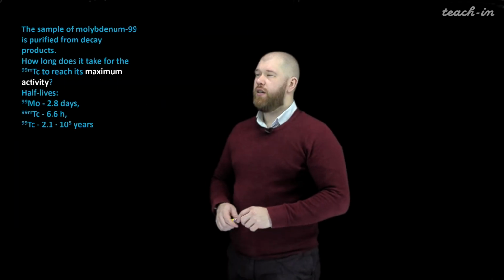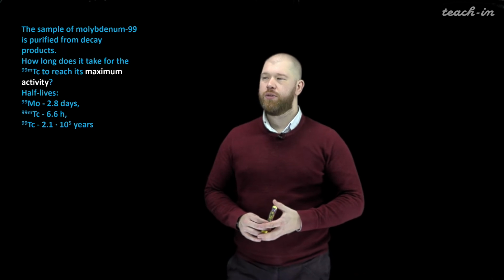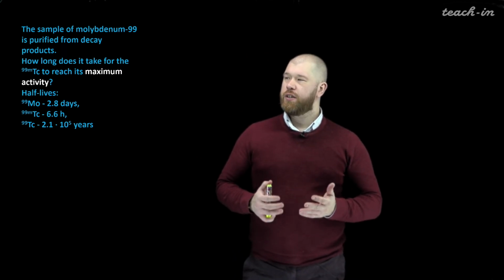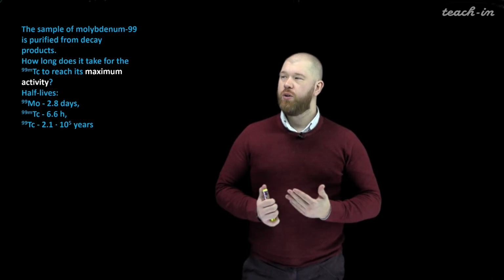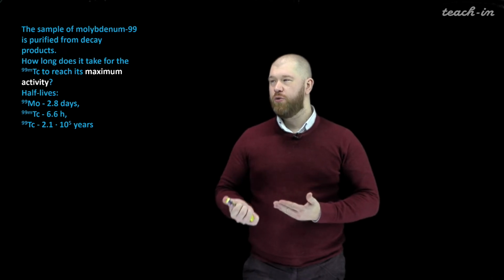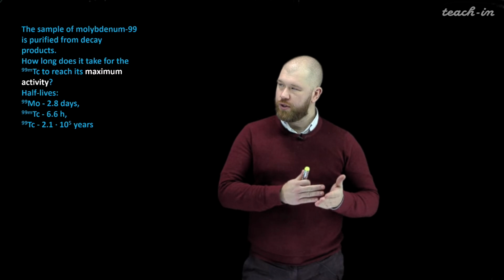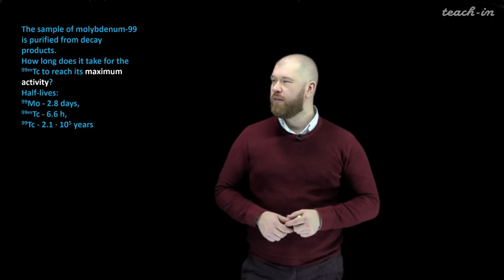Another task, not related to the activation of our target, is related to the radionuclide generator. So we have molybdenum-99 that decays first to technetium-99m, which further decays to technetium-99.